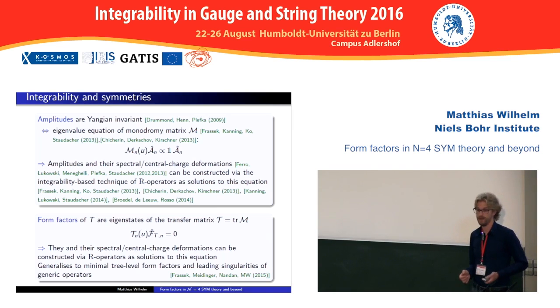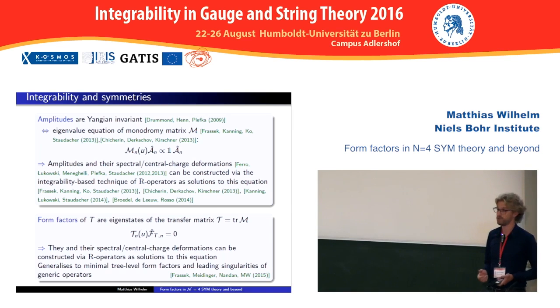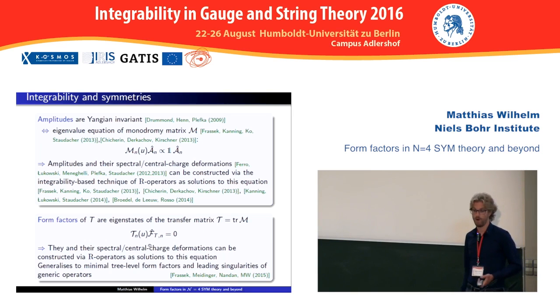Thus, they and their central charge or spectral deformations can also be constructed as solutions to this eigenvalue equation. Moreover, this property generalizes to minimal tree-level form factors and leading singularities of general composite operators. It implies a tower of conserved charges and symmetry under a part of the Yangian.